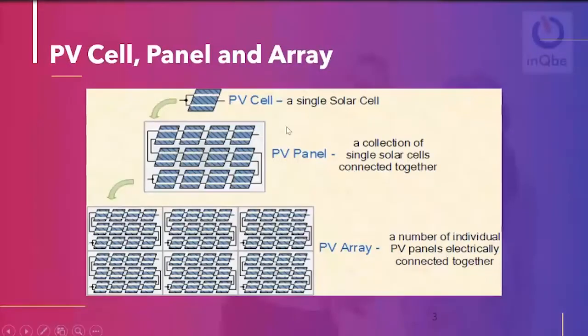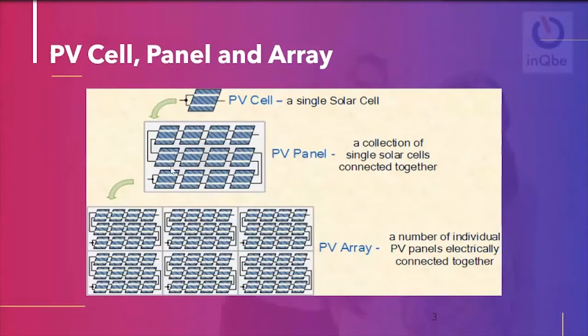This is a picture of a PV array. We'll discuss what a PV cell is. A PV cell is a semiconductor device that generates a DC voltage according to the light. A PV panel is a combination of PV cells, that means a combination of series and parallel cells.